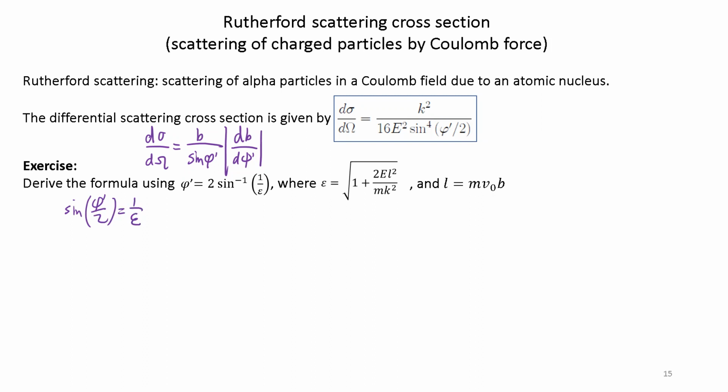So remember our goal. Our goal is to find the relation between phi prime and the impact parameter b, so that we can do this db d phi prime. That means we need to know the relation between the impact parameter and the epsilon of the trajectory.